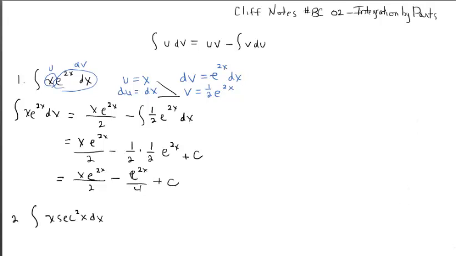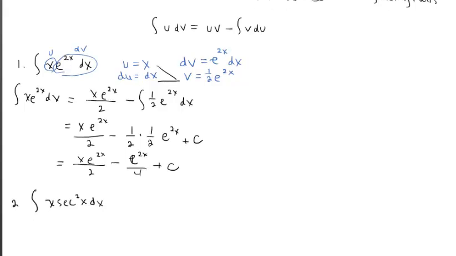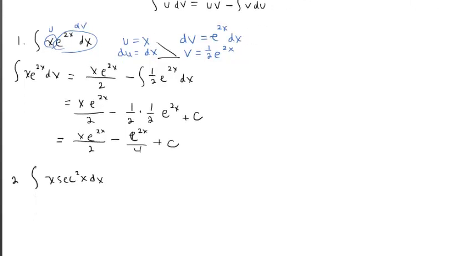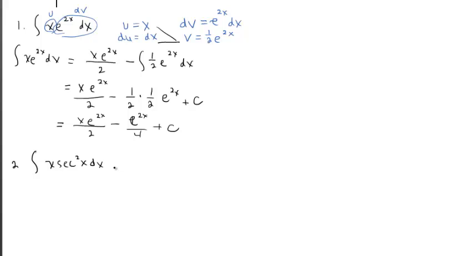All right, for example number 2, it is going to be integration by parts, going through the LIPET again. Our P is going to be present first, so that's our polynomial. So u is x, find the derivative dx. If this is u, then everything else has to be dv.